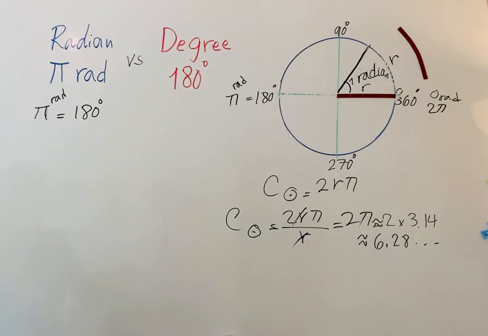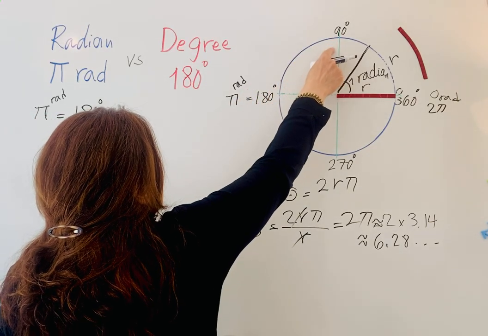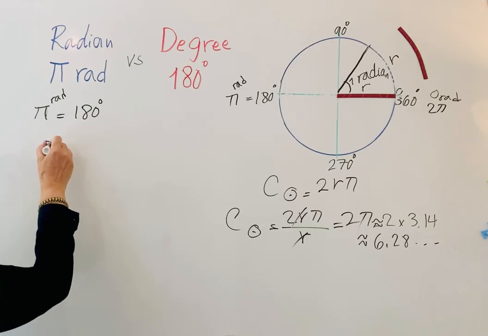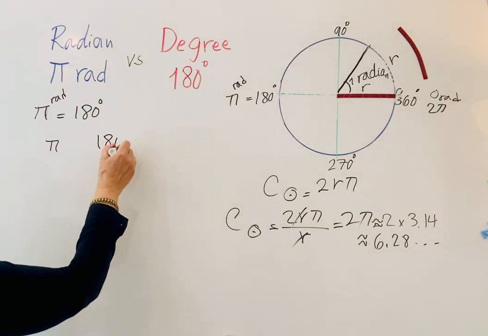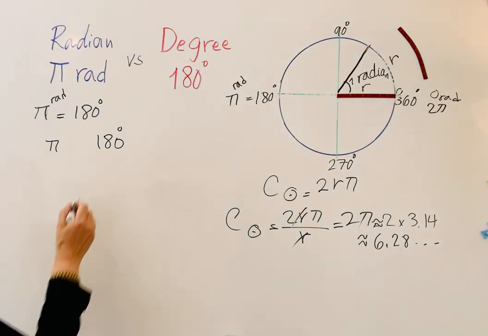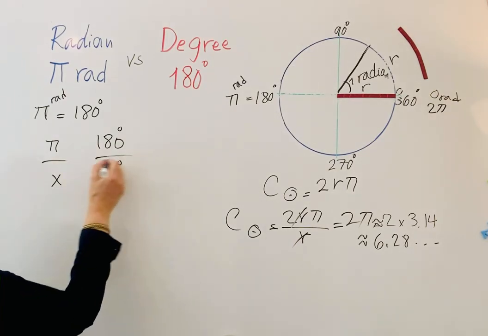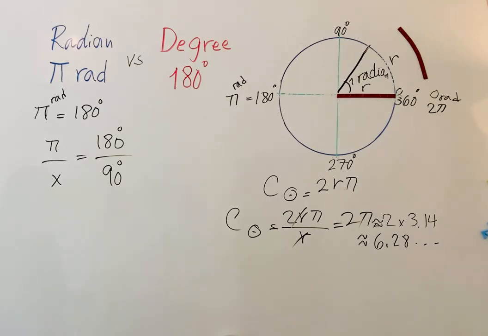For example, 90 degrees, how much is it going to be in radian? We can say 1 pi is 180 degrees. How about 90 degrees? This is one way to do this.